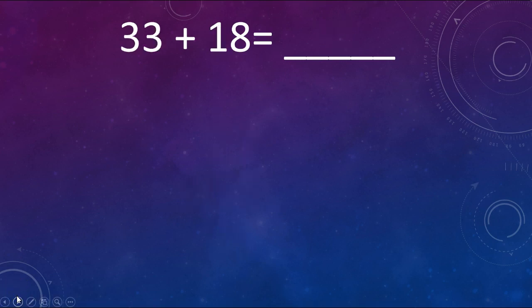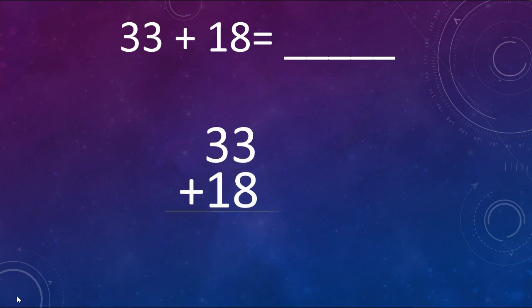95. Here's our next one. Go ahead and set this up and try and answer it on your own. Alright, so I set it up. 33 plus 18 equals. What is 3 plus 8? 11.